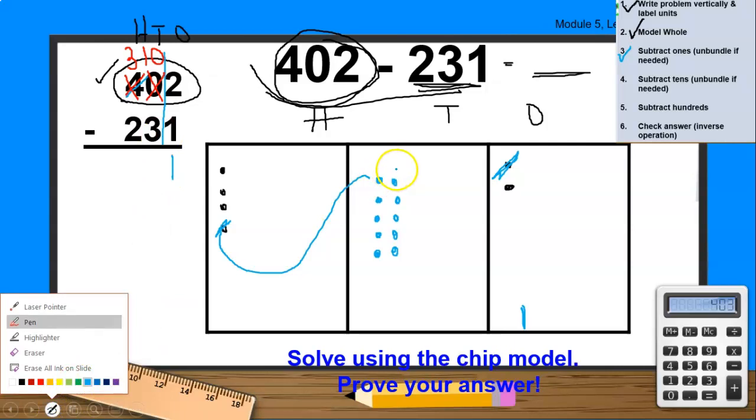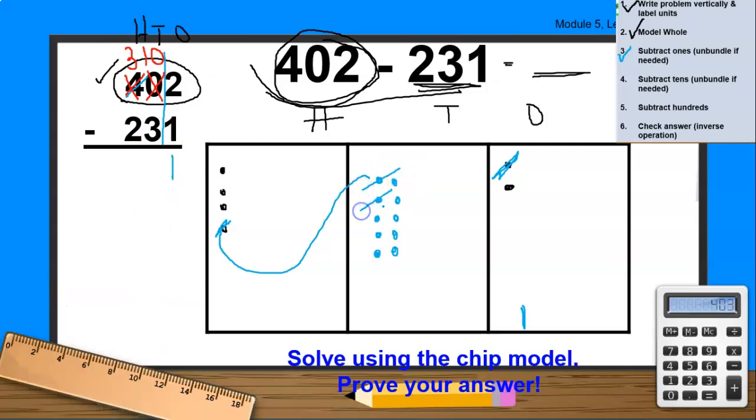Ready to take out 3 tens? 1, 2, 3. How many tens do I end up with? 1, 2, 3, 4, 5, 6, and 7. I ended up with 7. I write the 7 here.